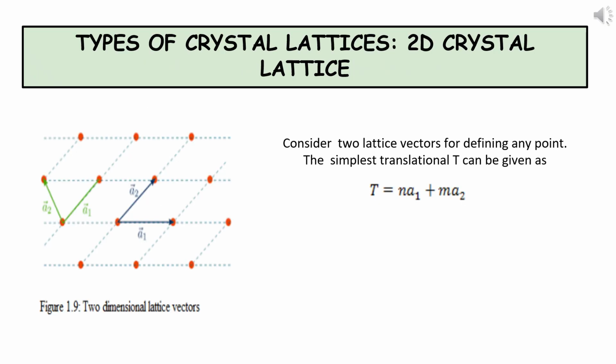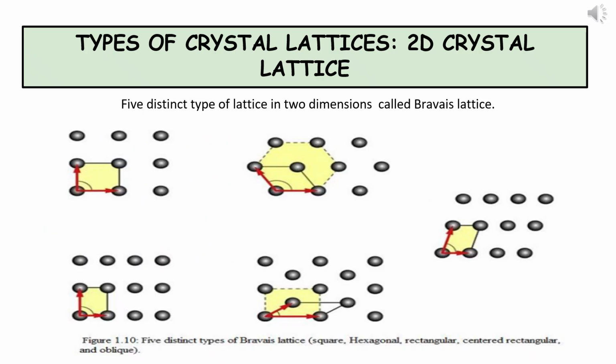Types of crystal lattice. 2D crystal lattice: consider any two lattice vectors for defining any point. The simplest translation vector T that we can write from here is T equals n a1 plus m a2. Here is a clear diagrammatic representation of five distinct types of lattice in 2D, called the Bravais lattices.